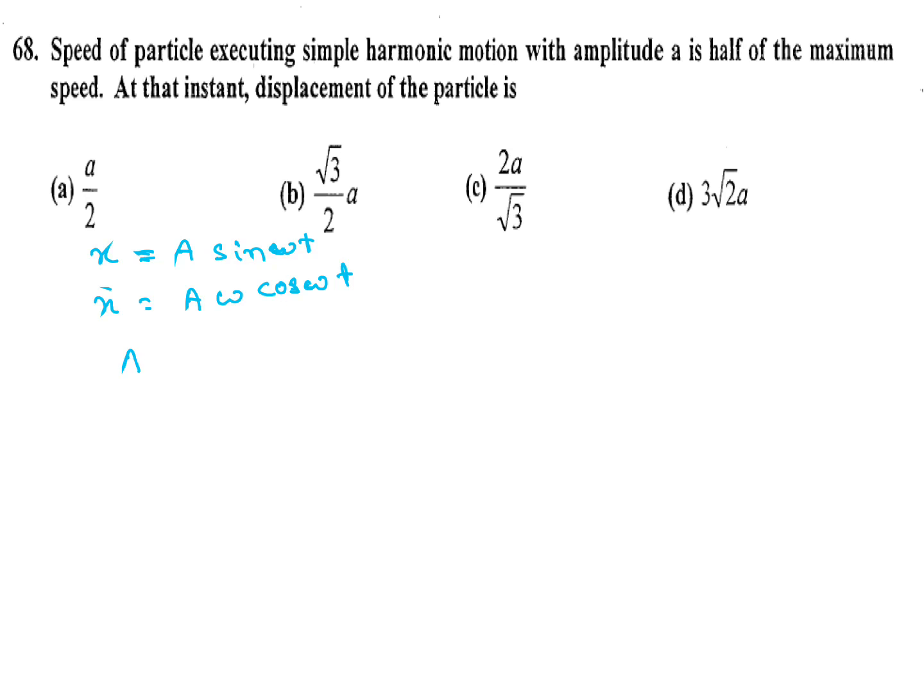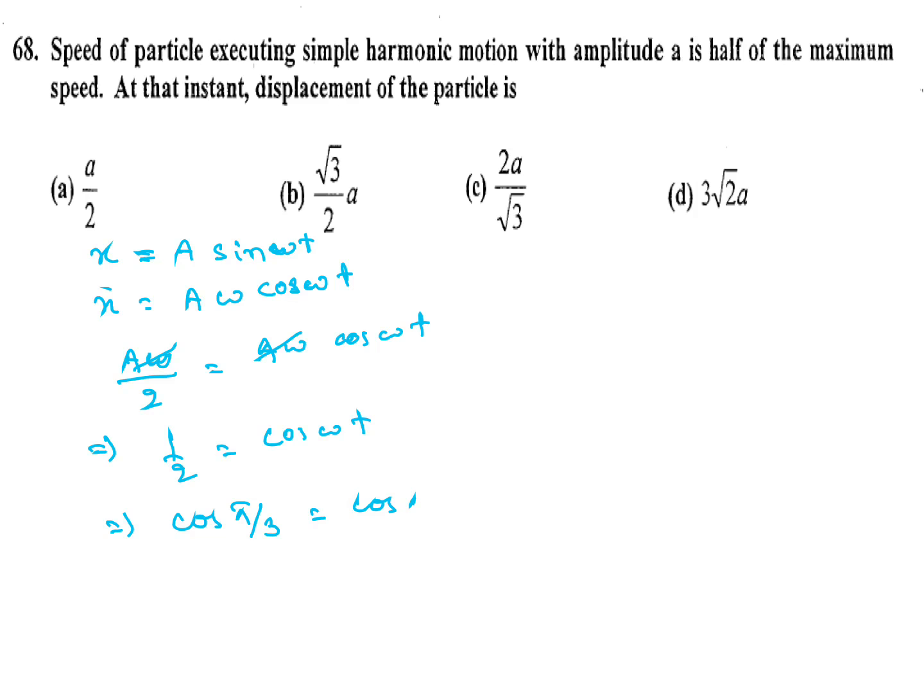Here given in this question, aω/2 = aω cos ωt. Omega cancels, 1/2 = cos ωt. 1/2 is cos 60 degrees, cos π/3 = cos ωt.